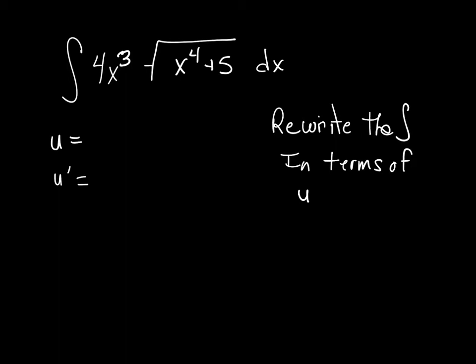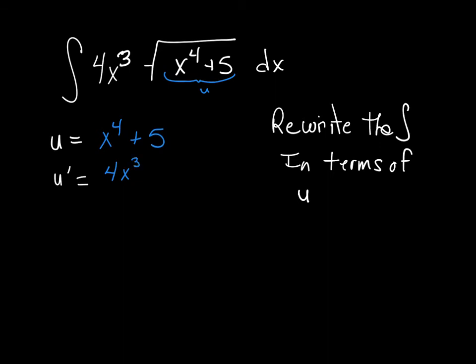All right, so we are going to use the inside portion, this piece here, for u. So that's going to be x to the fourth plus 5. So the derivative of that is just 4x to the third.